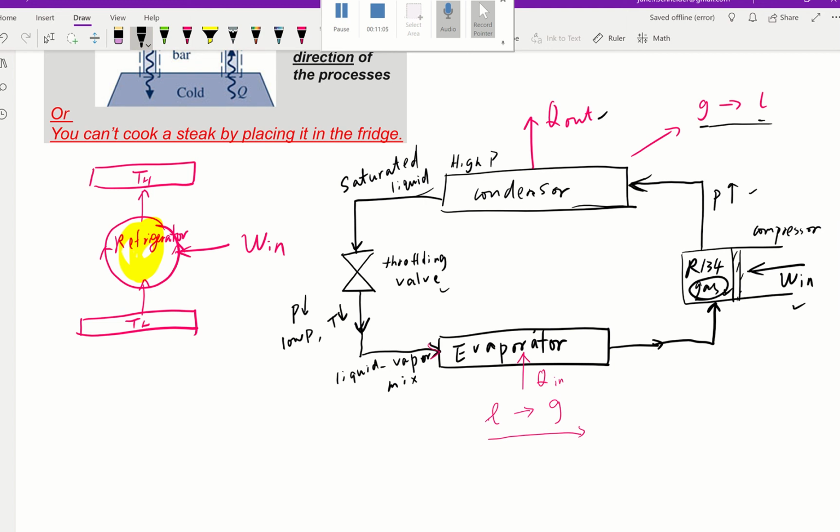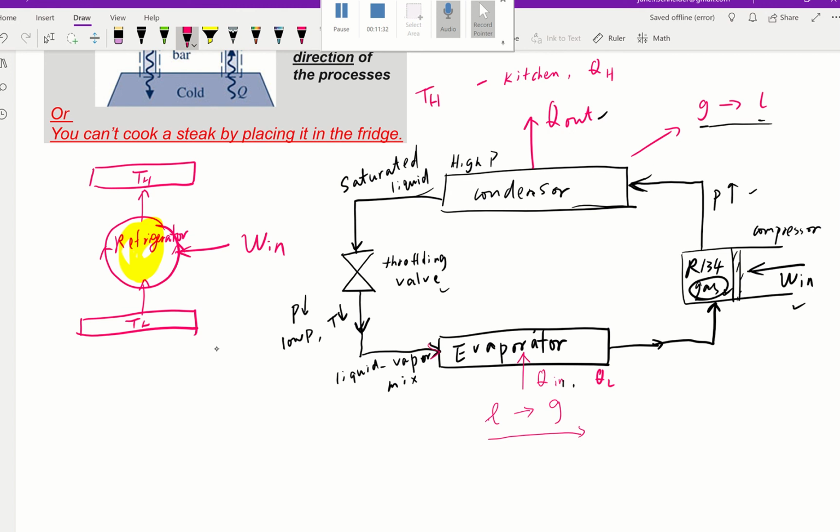And then, since this freon takes the heat into the system, here I'm going to add a little note. It's going to be QL, from the lower temperature reservoir, and this kitchen right here is going to be our higher temperature reservoir, so I'm going to call it QH. That relates to TH, the higher temperature reservoir.